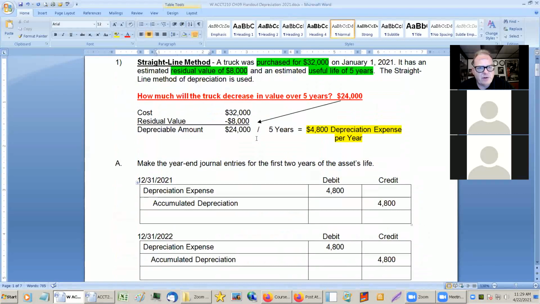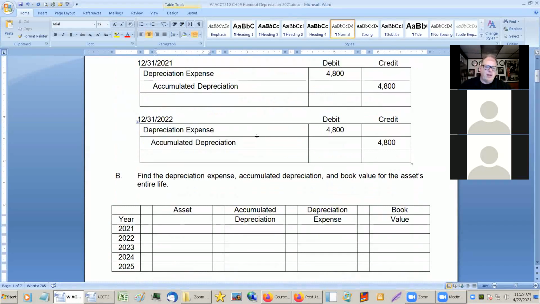The asset, this is the truck, right? So the asset's a truck. You could also put equipment in there, that's fine. I told you guys this. There actually are no accounting rules on what you have to call an account.